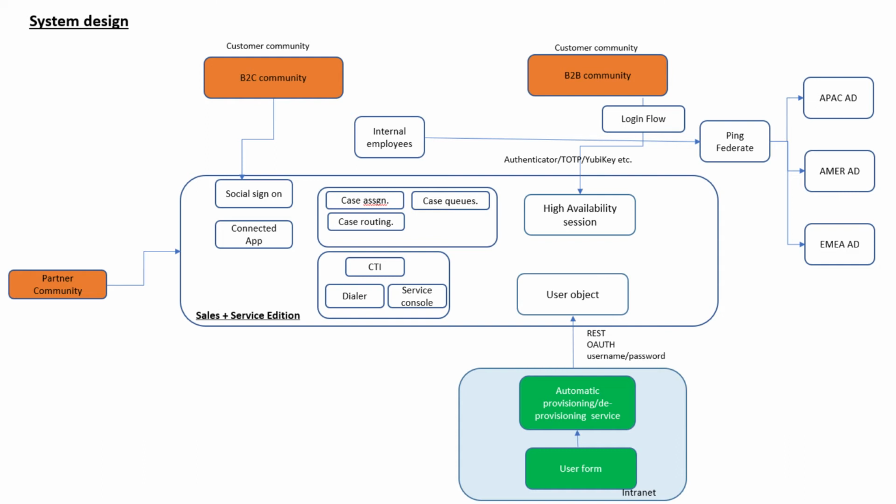Whenever the user joins or leaves the company, we invoke this code, which makes a REST call to the Salesforce API and creates or updates the user object associated with that user. We could use basic flows, like the username-password OAuth flow, if needed.